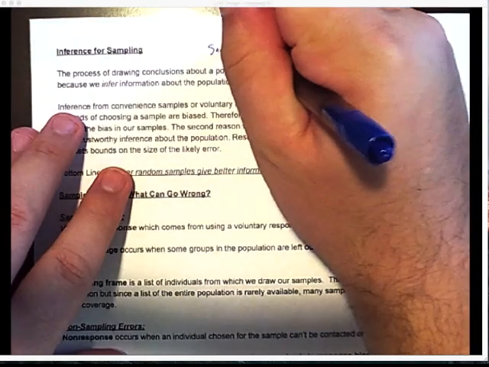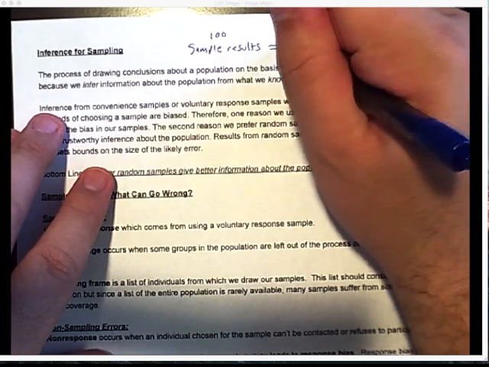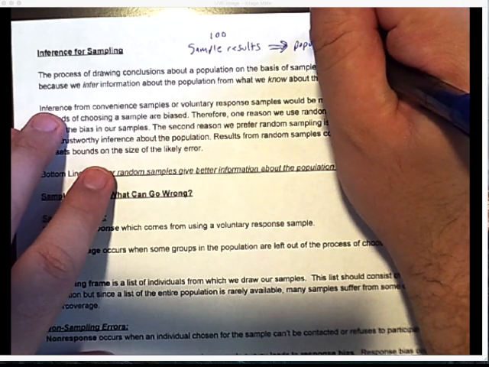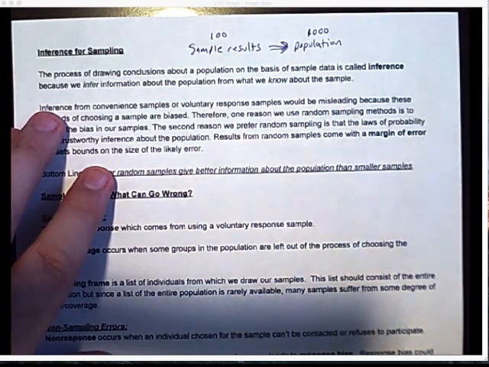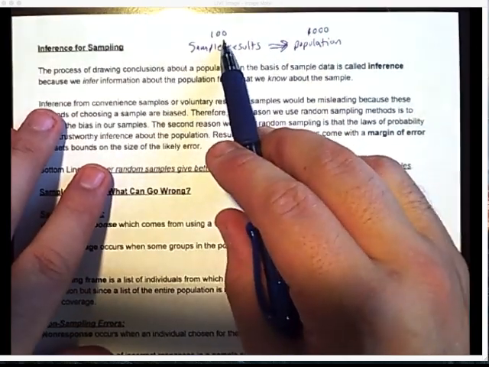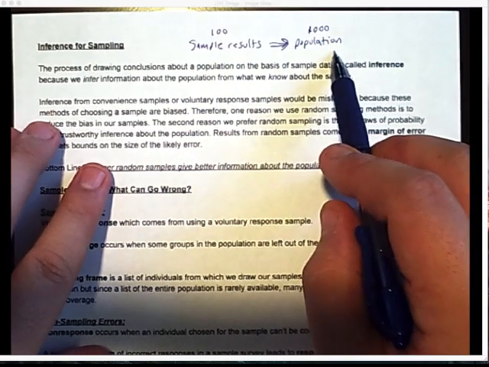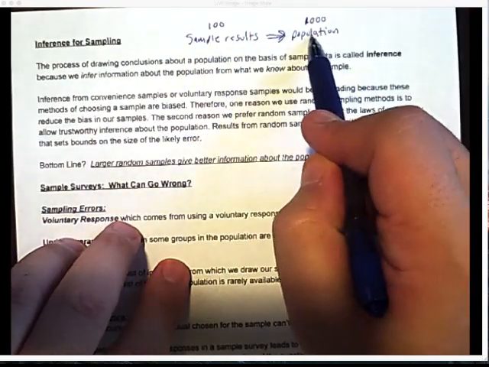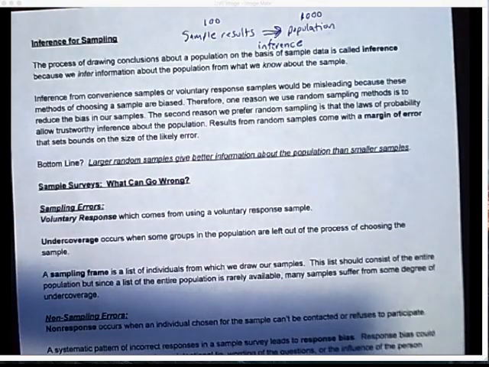For instance, we take a sample of 100 students, and that lets us make guesses about the population of a school that maybe has 1,000 students. If we can ask 100 people and do our sampling right, then we can make generalizations about these 1,000 people. That process of using a sample to make guesses about the population is called inference. And the whole second half of the book is devoted to inference.